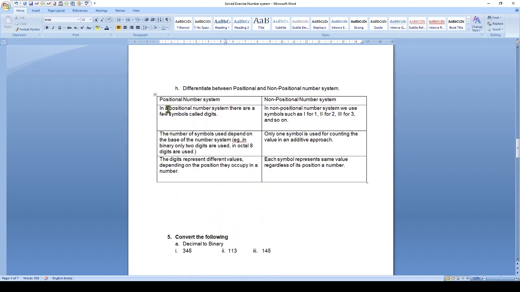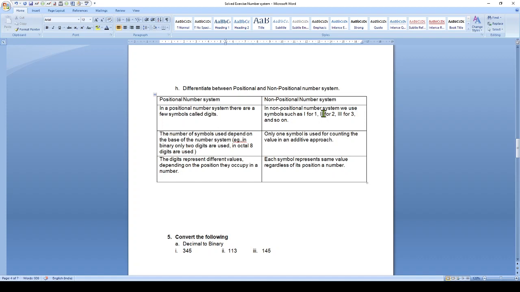In a positional number system, there are a few symbols called digits. In a non-positional number system, we use symbols such as 1 stick for 1, 2 sticks for 2, 3 sticks for 3, and so on.